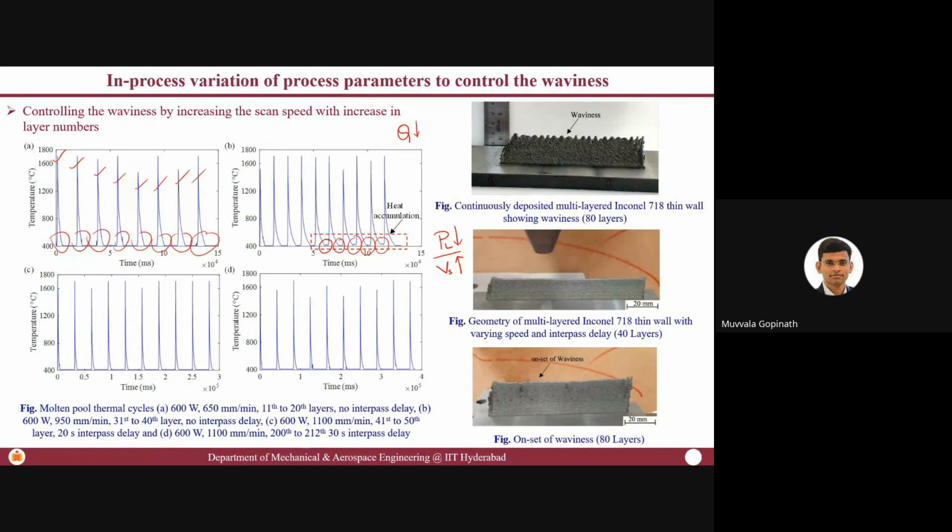That way, you will be able to reduce the input energy. The moment you do that, the Q coming out of heat accumulation is balanced by reducing the Q by a certain value. Q reduced plus Q_HA will be equal to Q, the initial heat input, whatever you are giving.